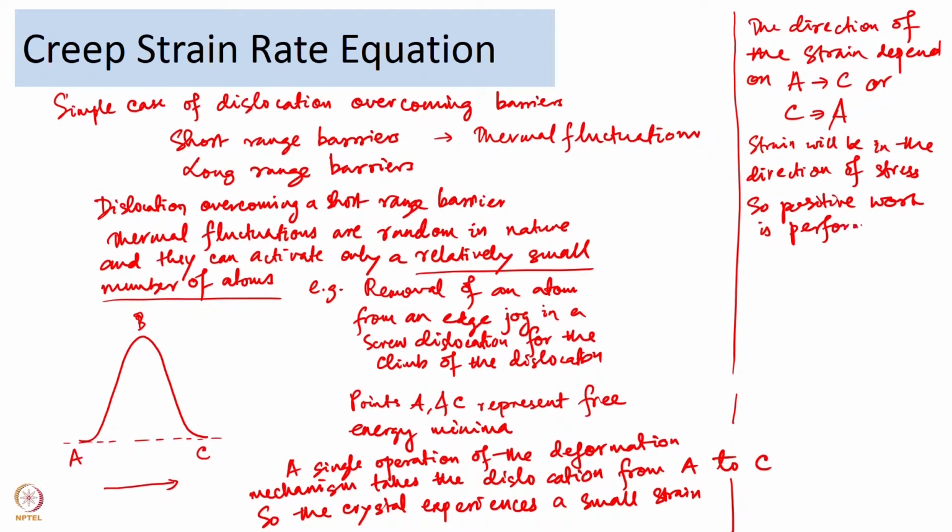The stress is making the dislocation move, and some strain is generated in the process. So, you have stress and strain, and the product of that will give you energy. So, because of the presence of a stress, the energy barrier is getting lowered.